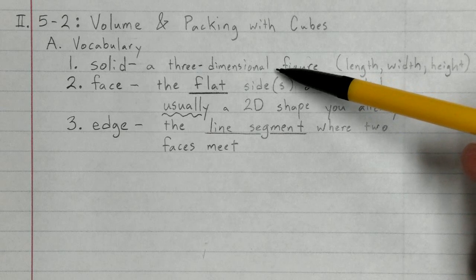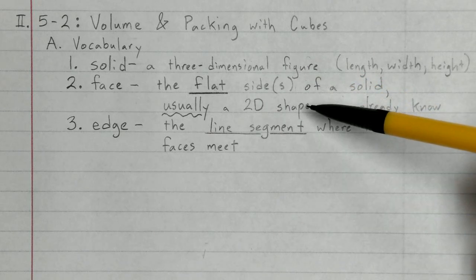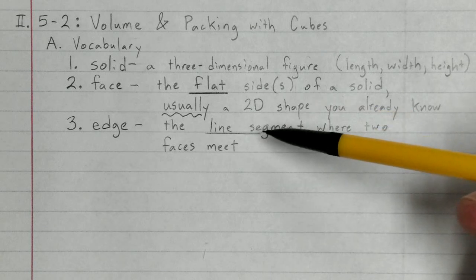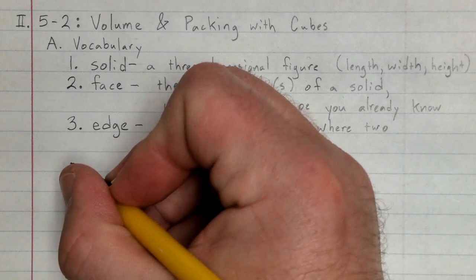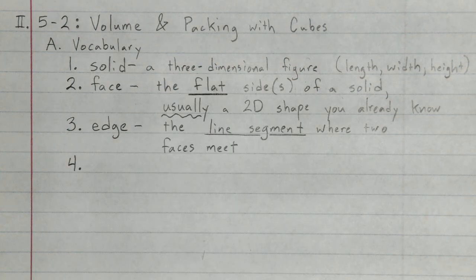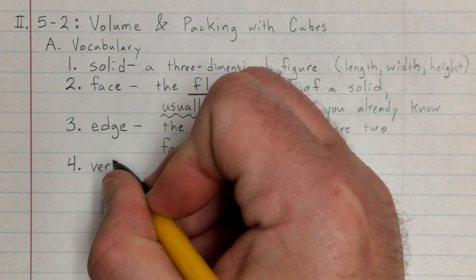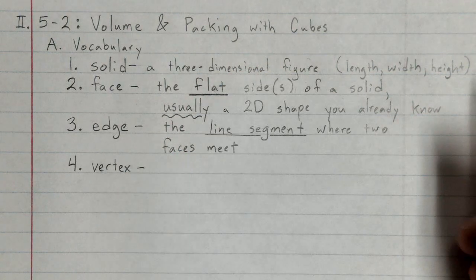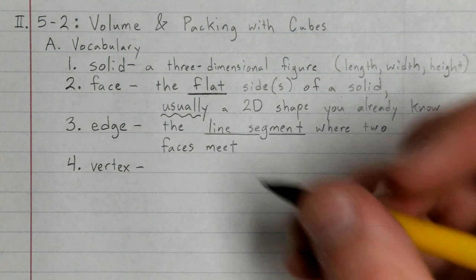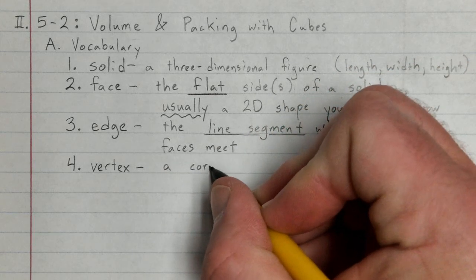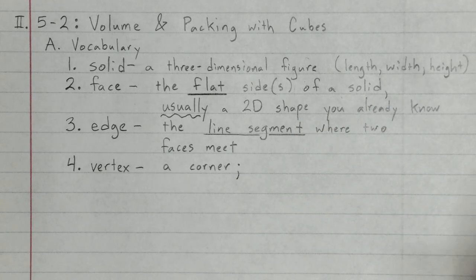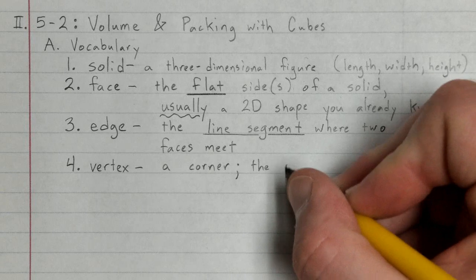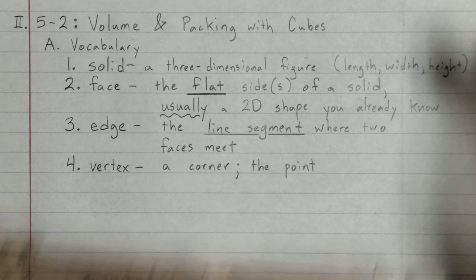Our 3D solid, made from two-dimensional shapes that are stuck together, which meet at a one-dimensional line segment, also includes a number of one-dimensional aspects. We call each of those a vertex. Vertex is the fancy math word for a corner. But using our vocabulary from before, you want to think of it as the point.